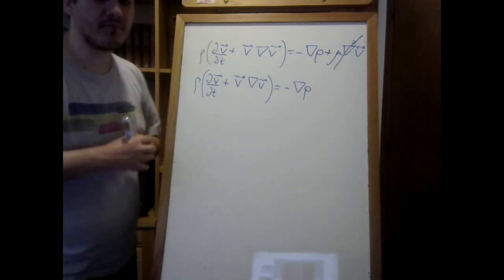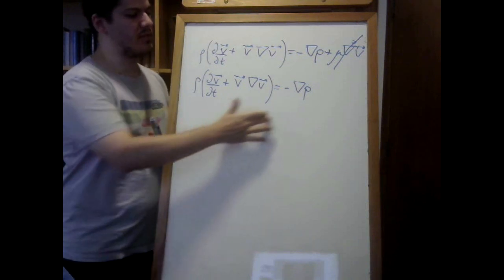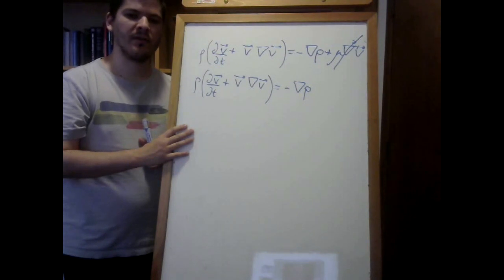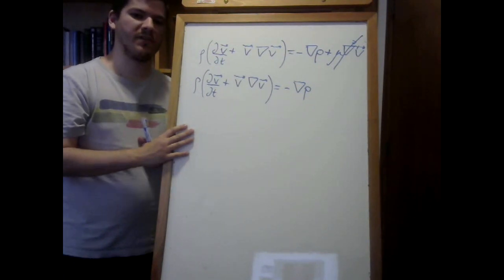Now I'm going to open up this equation, which is in its vector form, into its two Cartesian components in 2D space.